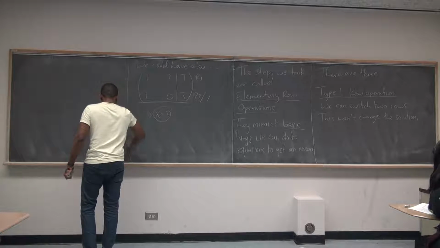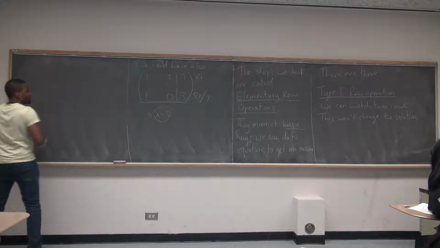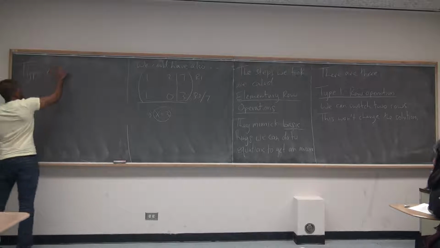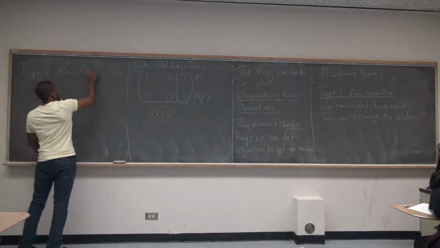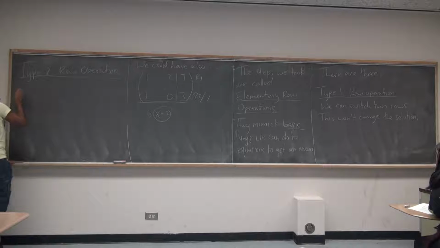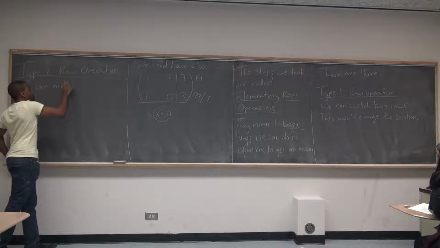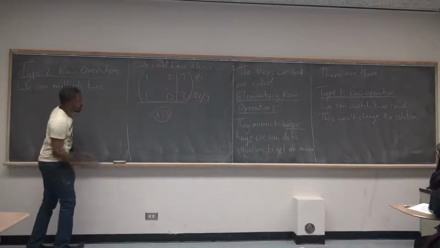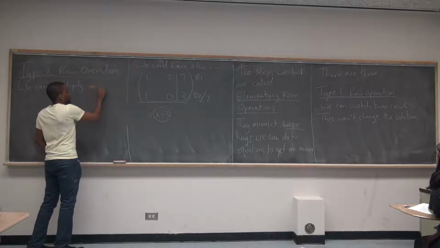Type 2 has a bit more oomph. That's the first step I took here. Type 2 row operation. This says we can multiply a row, right?